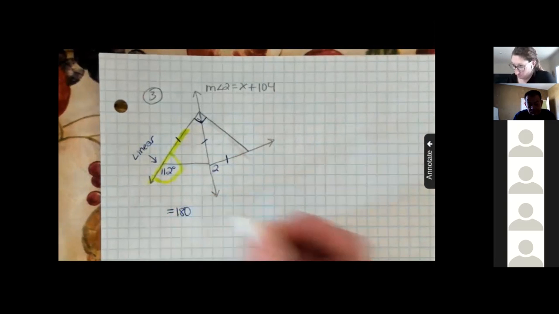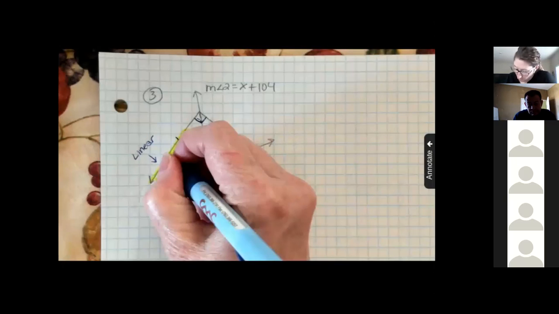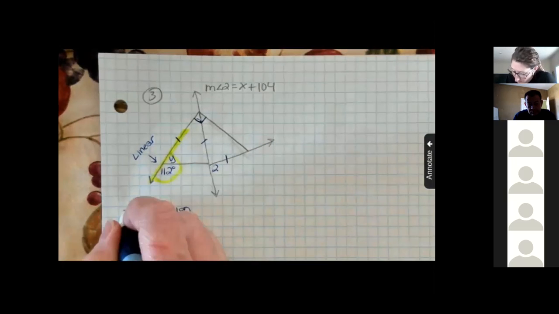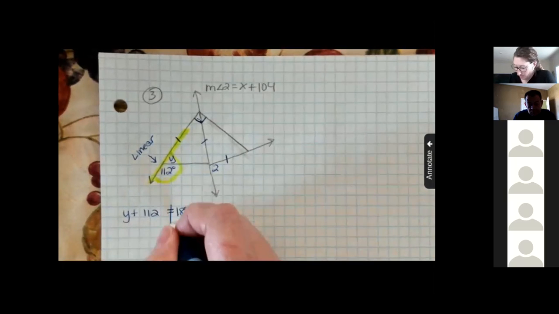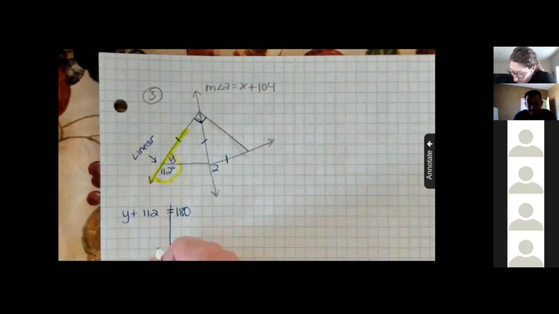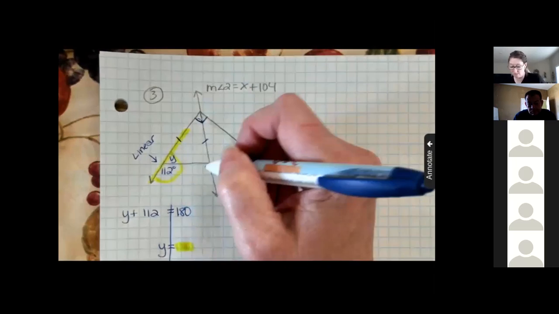So I know that a linear pair equals 180, okay? So I'm going to take y, add it to 112, and do the math. Whatever y equals, okay, I need to know that. Okay, I'm then going to use and know that this is an isosceles triangle.